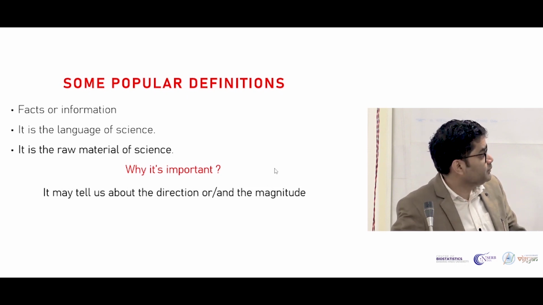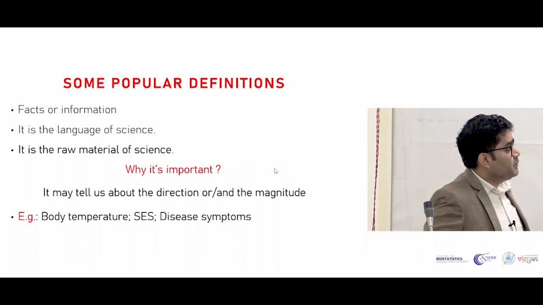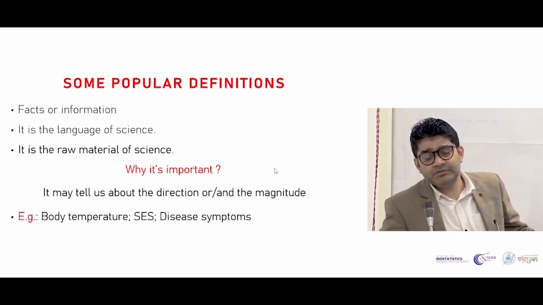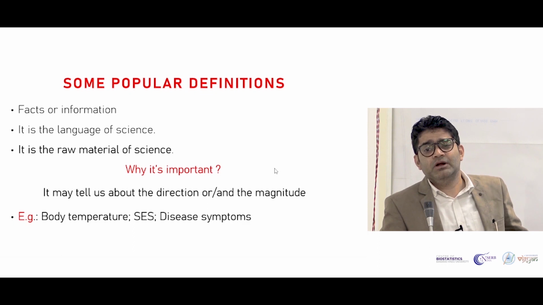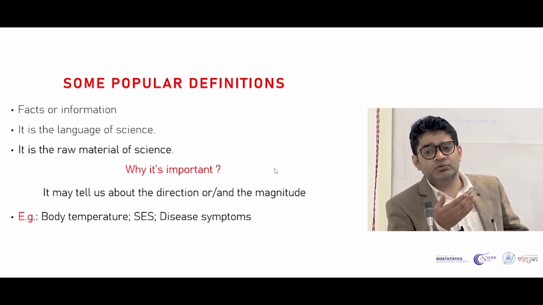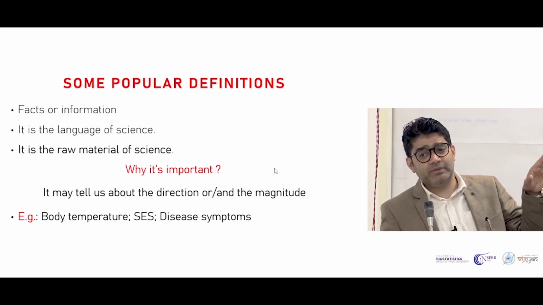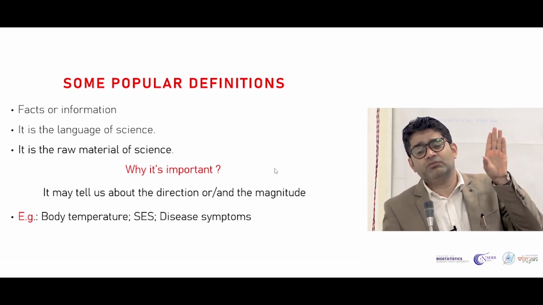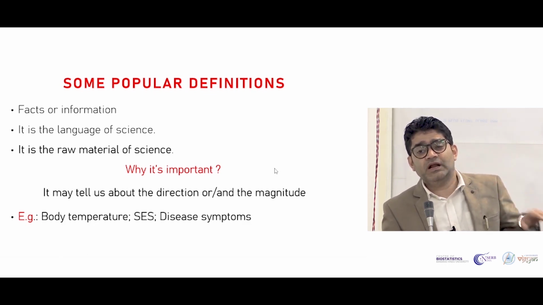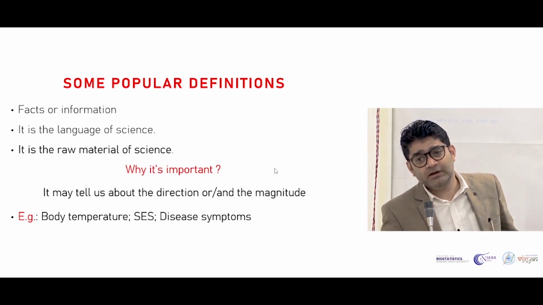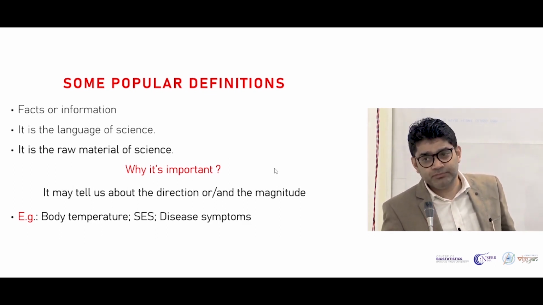For example, if I am saying body temperature, say 101, 102, 103, that means we have a definite idea about the magnitude, 100, then 101, then 102. And we have a definite idea about the direction as well as the magnitude.